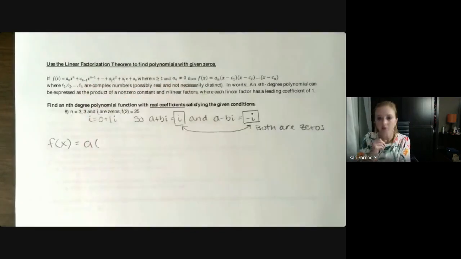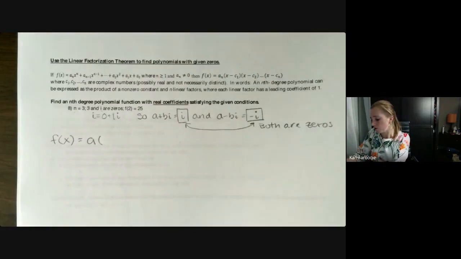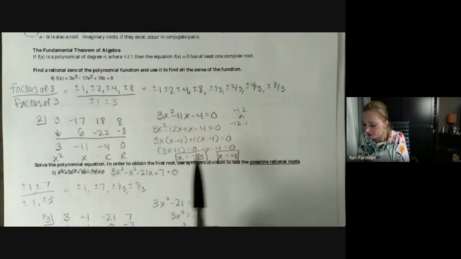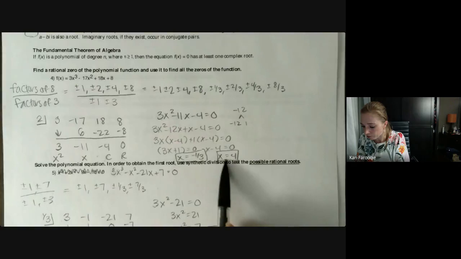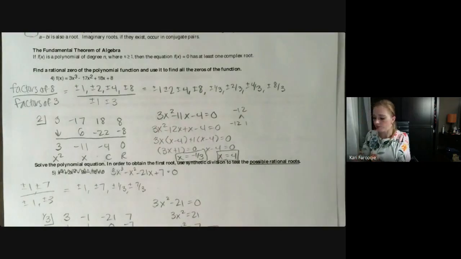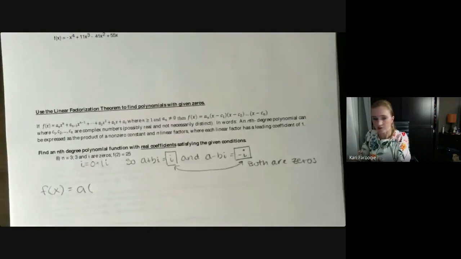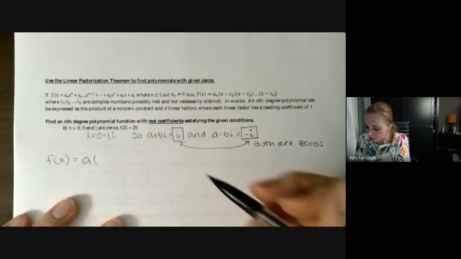And then we're going to set up our factors. Now remember that if we have a 0 of 1, we originally got that from a factor of x minus 1. If you're thinking about how to work this in reverse, think about what we did here. If we have a 0 of x equals 4, then we had a factor of x minus 4. So we work our way backwards by taking that opposite sign. So let's see.